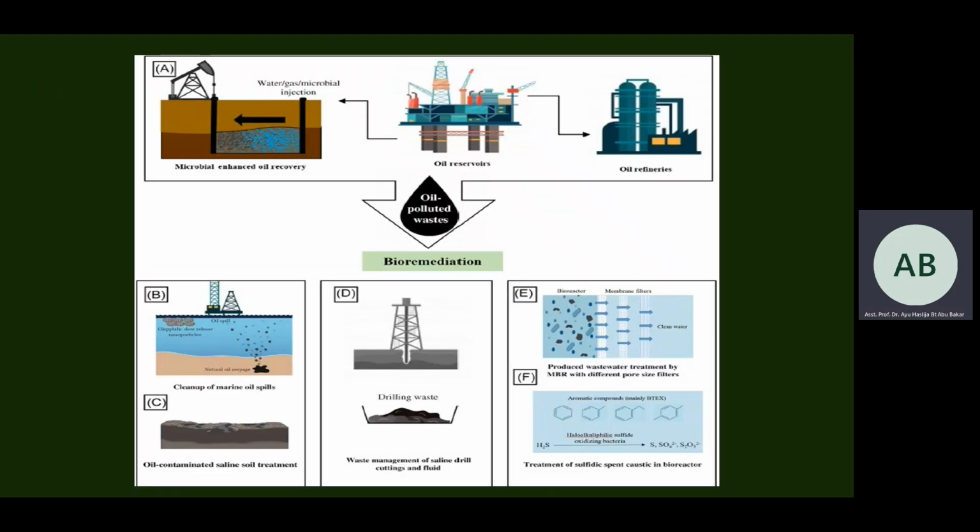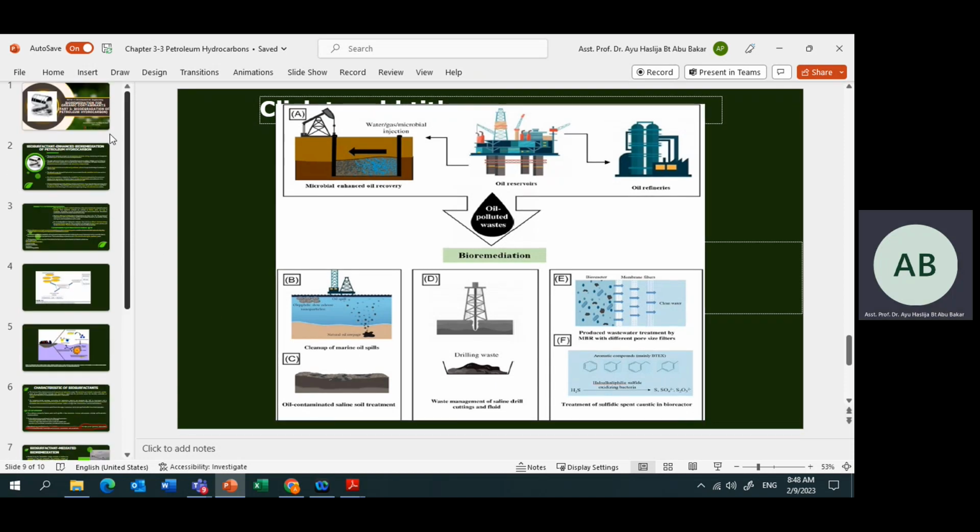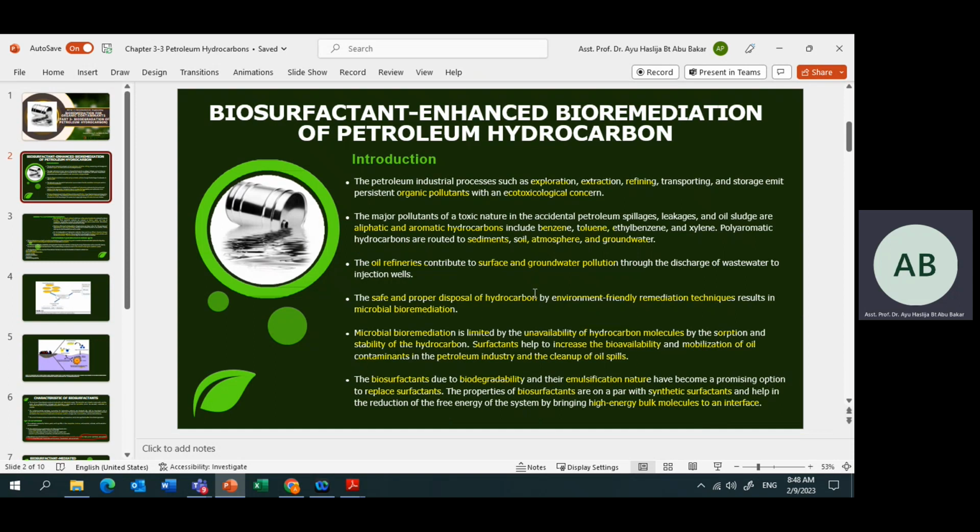Okay, before we go to this, for the petroleum hydrocarbon, I summarize. For petroleum hydrocarbon, we will need biosurfactants. This biosurfactant remediation technique comes from microbes, where the purpose is to reduce the surface tension and to enhance the emulsification process.